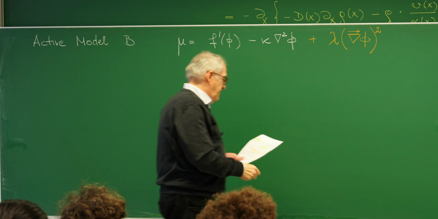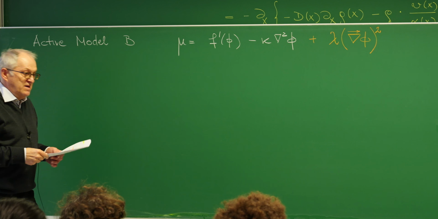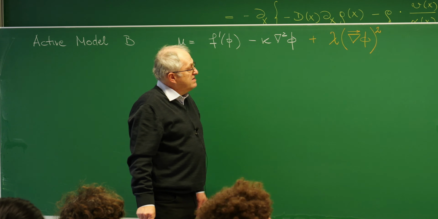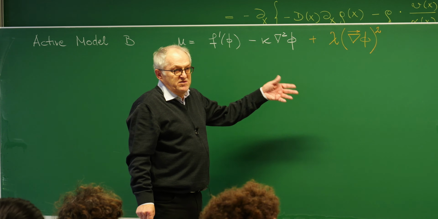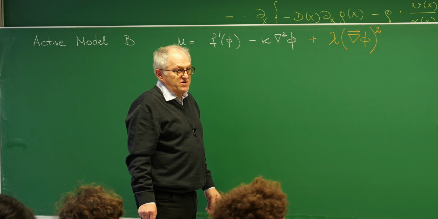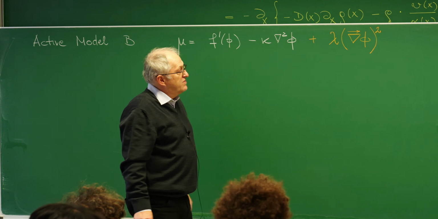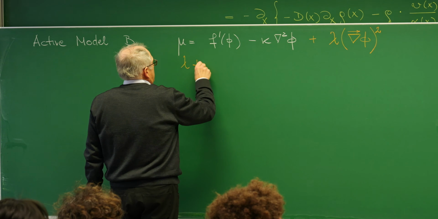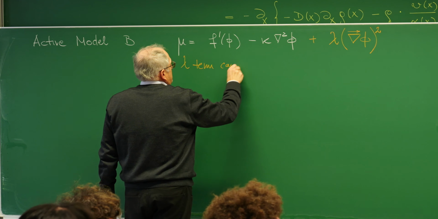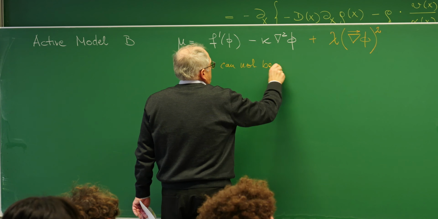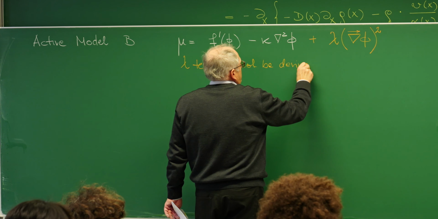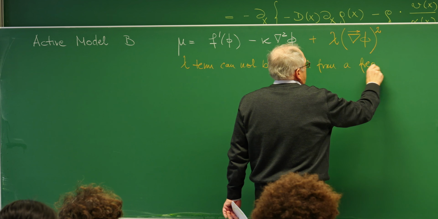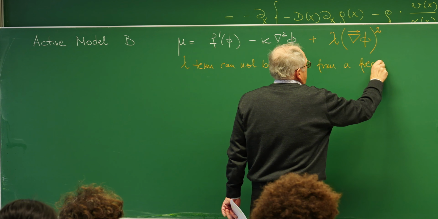It's a gradient of phi squared. It's a fine scalar quantity because it's a gradient squared, but you cannot derive it from a free energy functional. There's no way you can go this whole calculation backwards. So the new term cannot be derived from a free energy functional.